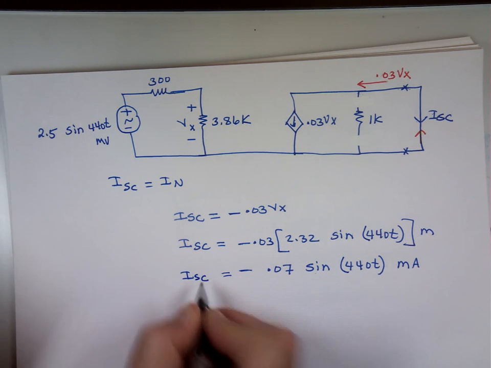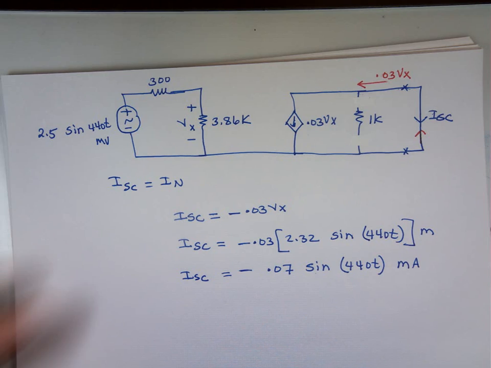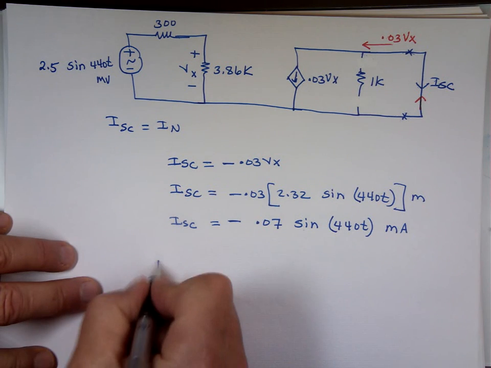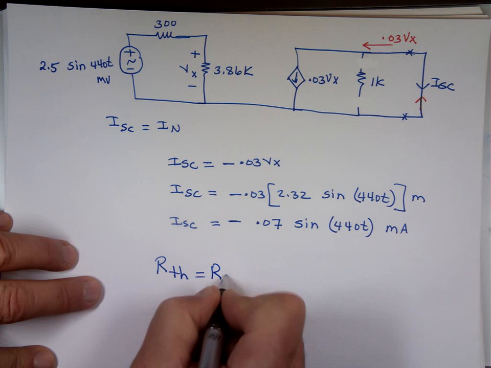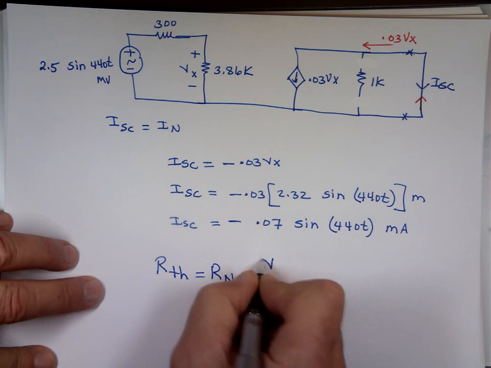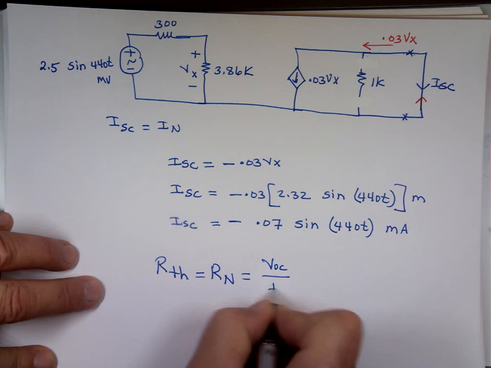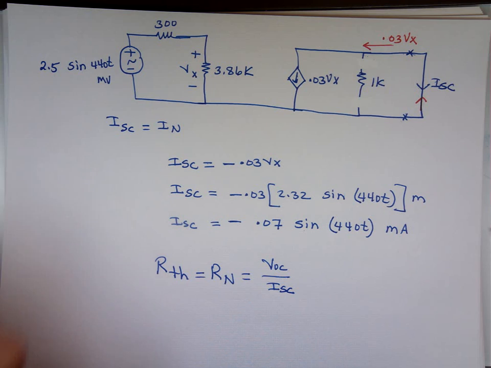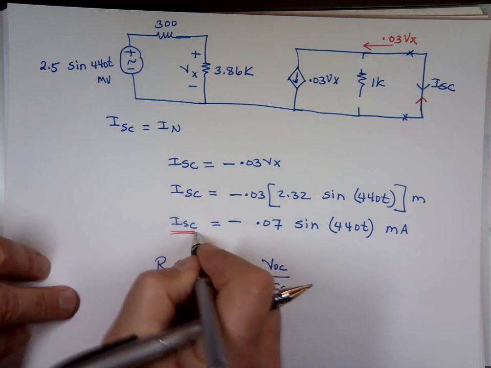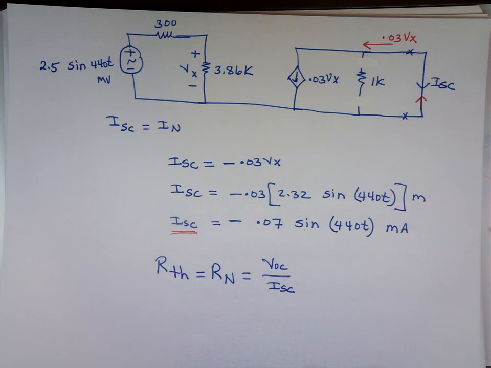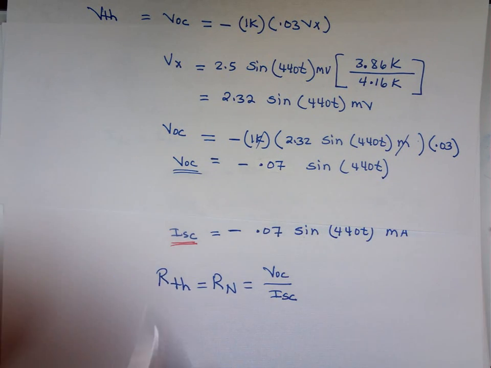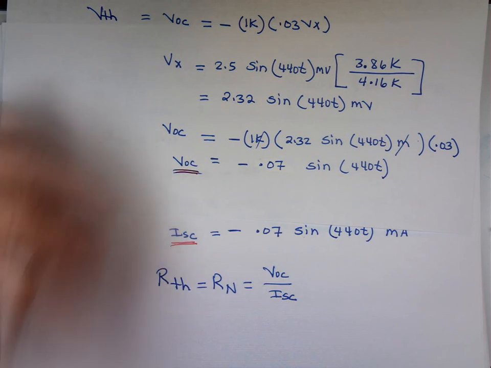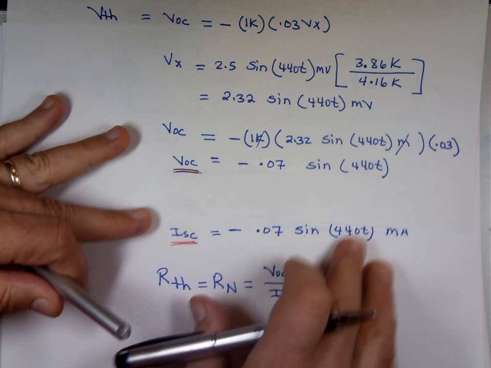So if you want to find R Thevenin, which is the same as R Norton, it is V open circuit over I short circuit. We have both of these values. This is I short circuit, and this is V open circuit. Can you see them? Both? When you divide them, isn't it just 1,000? 1,000, yep.